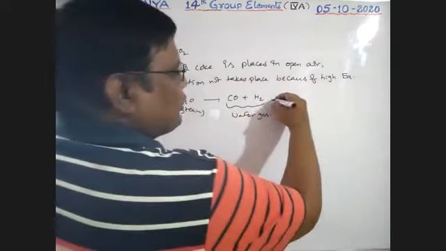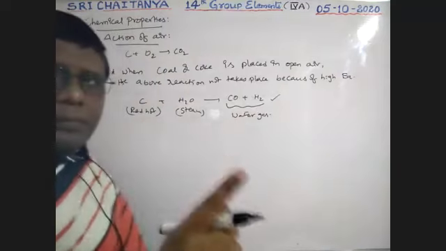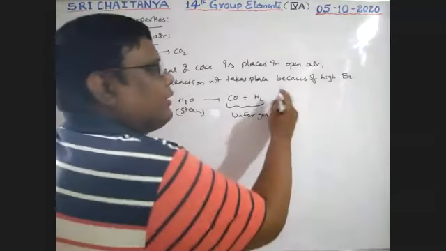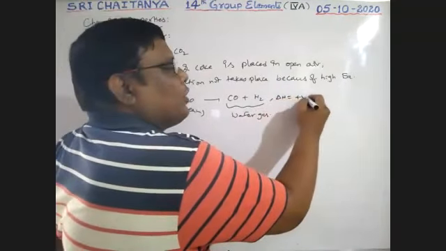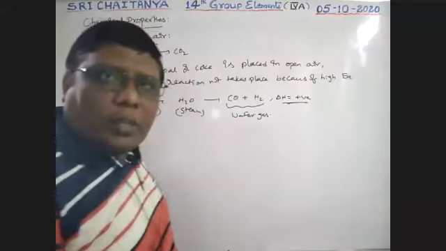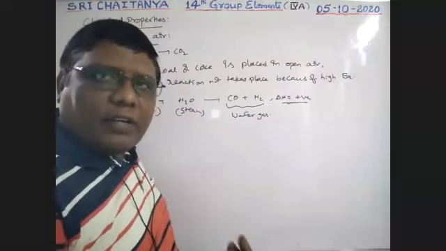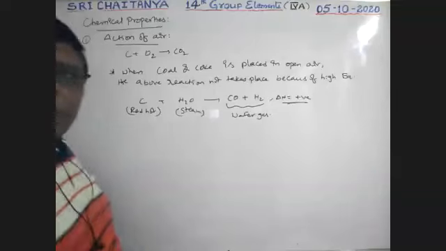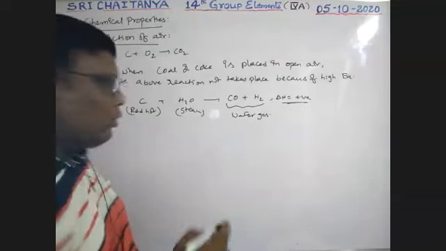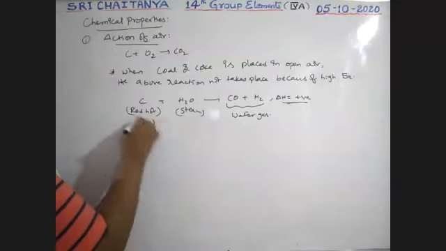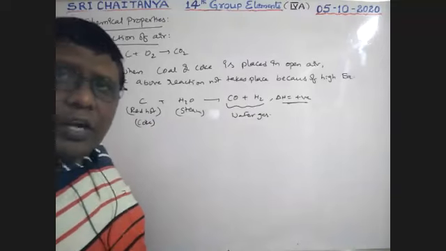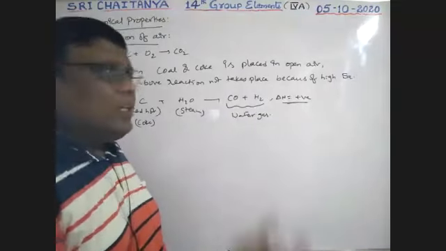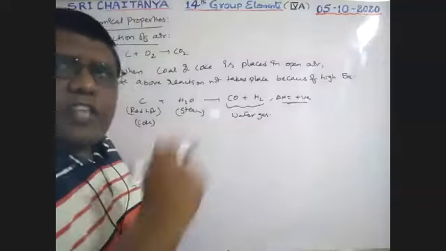This reaction is possible, but it is endothermic. Here delta H is positive, so a huge amount of energy is required. That is why hot conditions are needed. Otherwise, it is not possible.